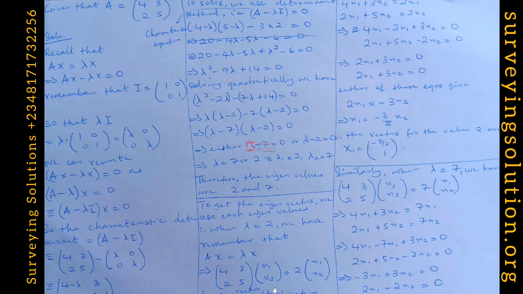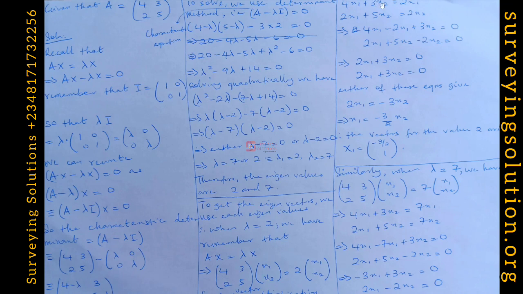Good. So the element in a11 multiplies this, the element in a12 multiplies this. Similarly, you come down here, the element here multiplies x1 again, and then the element here multiplies x2, right? Good. So having done all of the multiplications, we are now going to have this equation. So let's go over it. 4 times x1 will give you 4x1, then 3 times x2 will give you 3x2, right? Good.